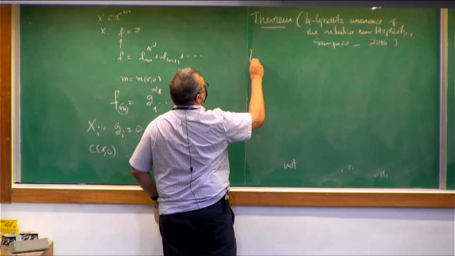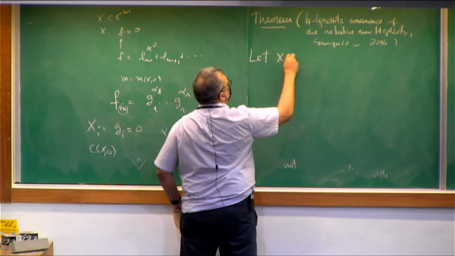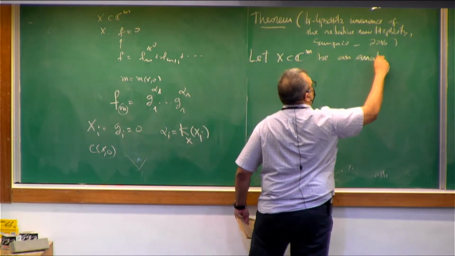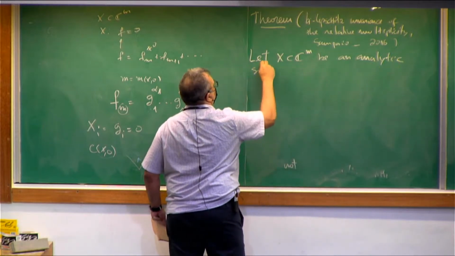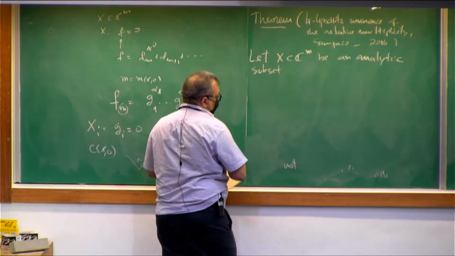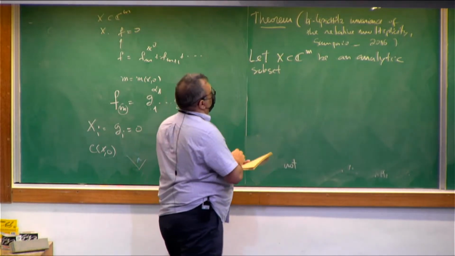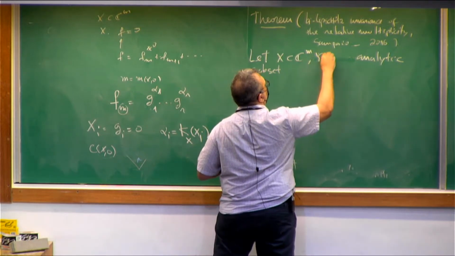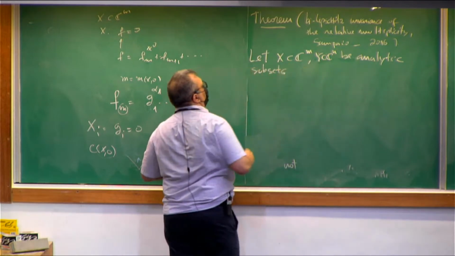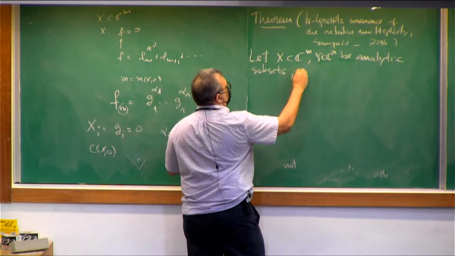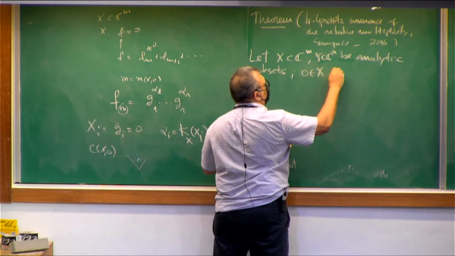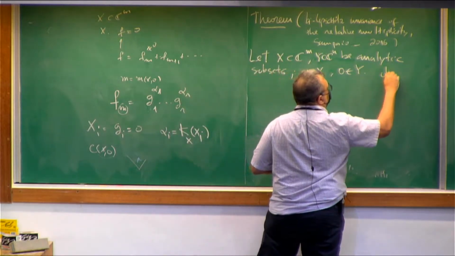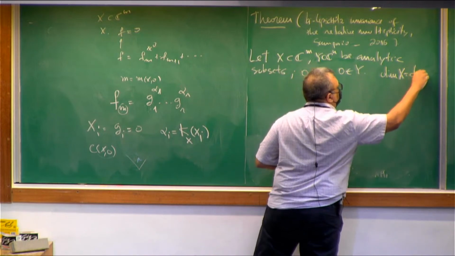So let X be an analytic subset, actually Y also, such that 0 belongs to X, 0 belongs to Y, and they have the same dimension near the origin.